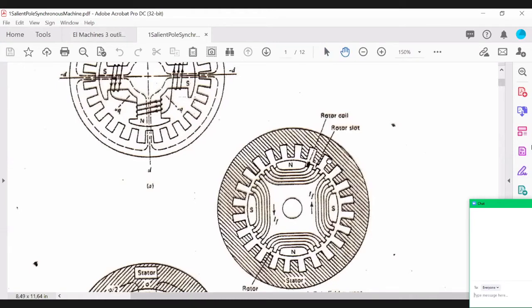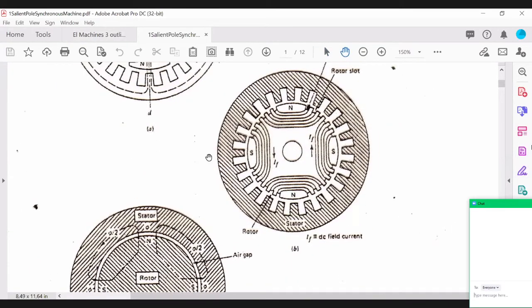If you look at this figure, part B here, this is an example of a cylindrical rotor. As you can see, these slots are all uniform around the rotor, and that's your stator slots.